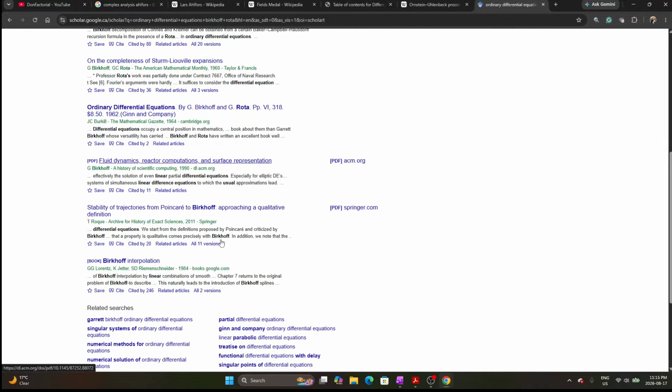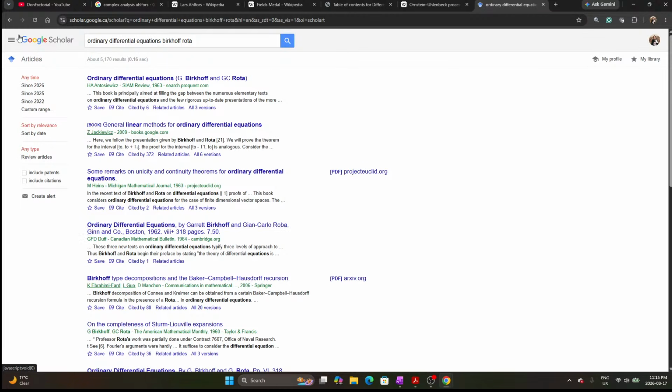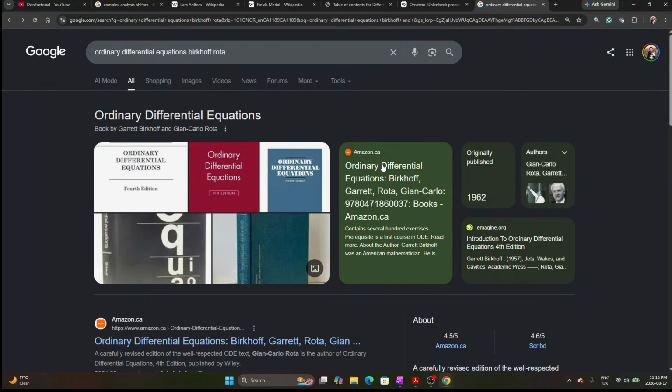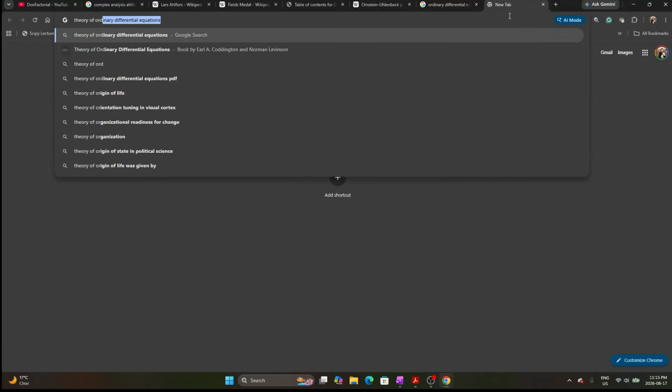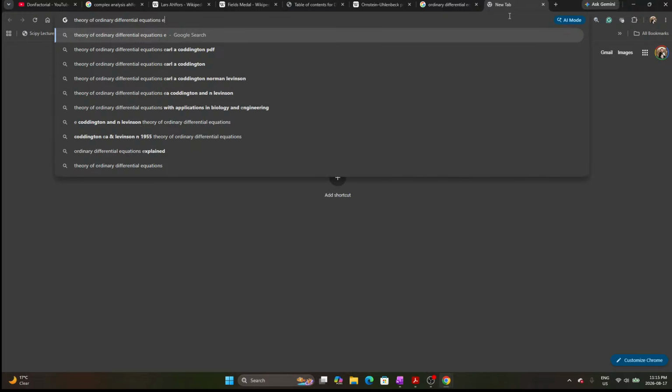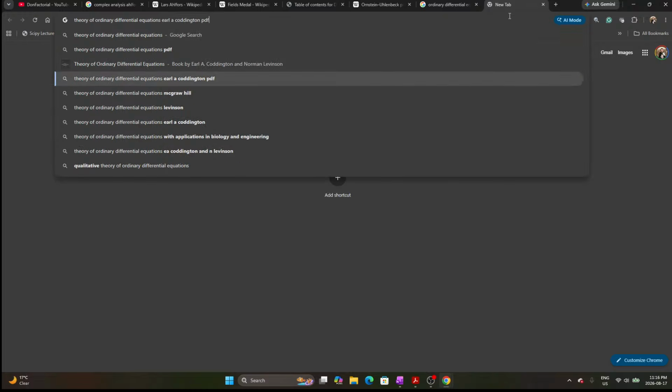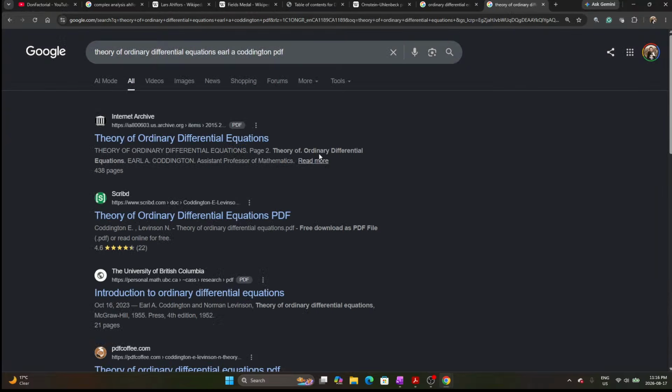And if you're really insane and you aim for full generality, there is a book called Theory of Ordinary Differential Equations by Coddington and Levinson. It came out in the 50s. The 50s was a great time, I don't know why, for Baby Rudin style texts.